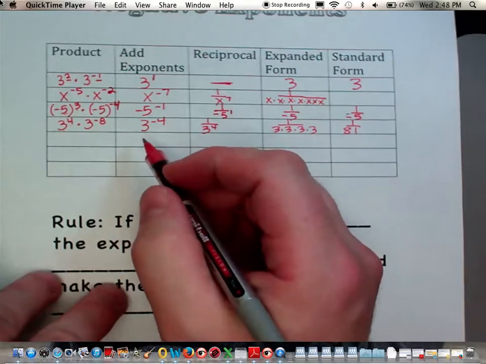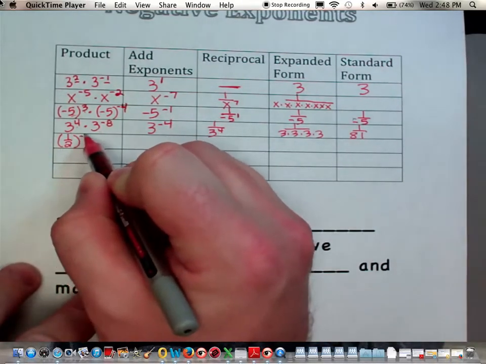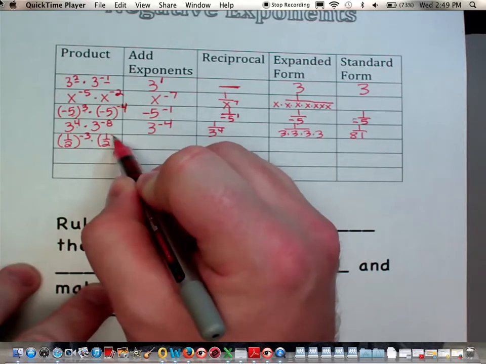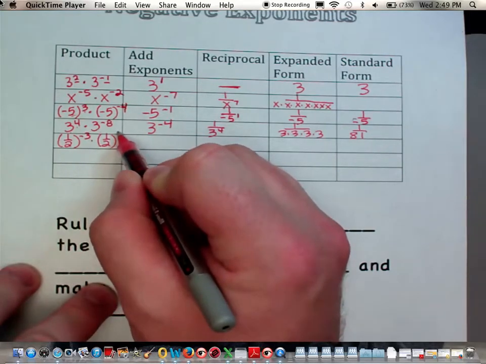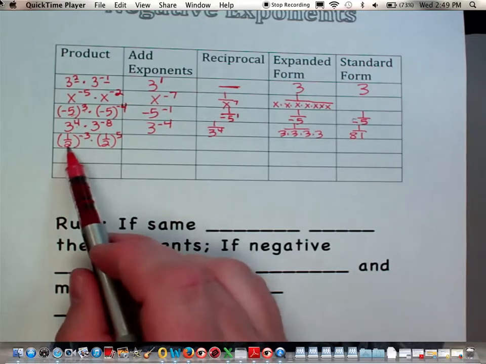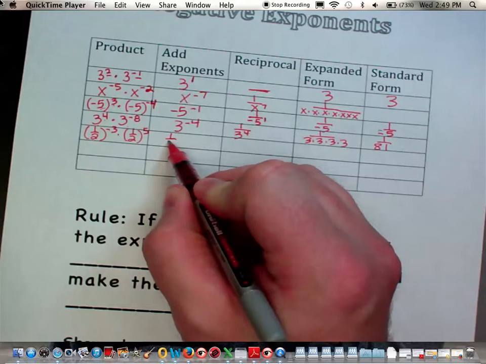If I give you one that looks like this, let's see here, 1/2 to the negative 3rd power times 1/2 to the 5th power. Okay. I see that my bases are the same. 1/2 and 1/2 are my bases, so I get to jot them down.